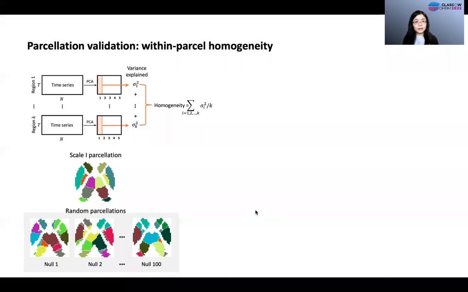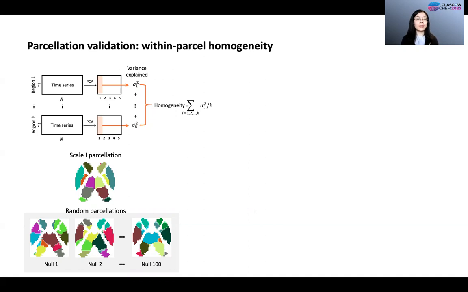So, we have generated the parcellation. As I mentioned at the very beginning, it is important to validate your parcellation. One of the most fundamental things to validate is the within-parcel homogeneity, because that's the fundamental principle of any brain parcellation.